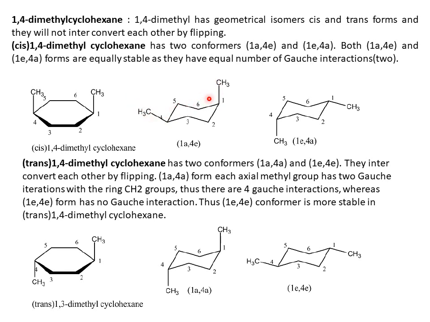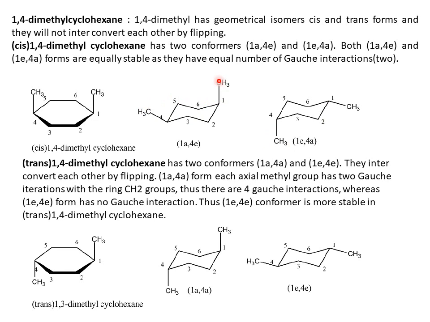This is also the upward direction, but the axial position is actually downward, so we should not place it like that. So this is actually the axial methyl group, and this is the equatorial methyl group. Whenever there is an axial methyl group, there are two gauche interactions. On flipping, the axial methyl is converted to equatorial methyl, and the equatorial methyl is converted to axial methyl. So here this is 1A 4E and 1E 4A.